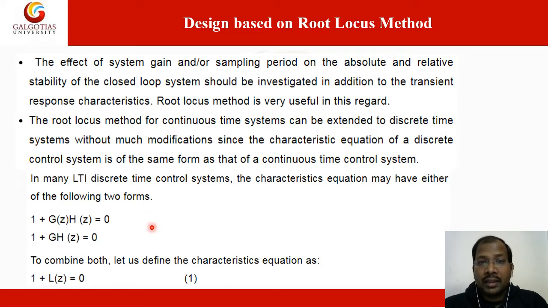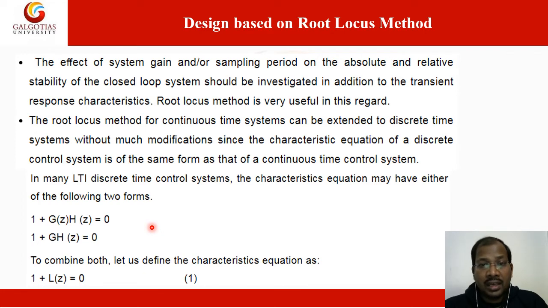The root locus method for continuous time systems can be extended to discrete time systems without much modification, since the characteristic equation of the discrete control system has the same form as that of the continuous time system.